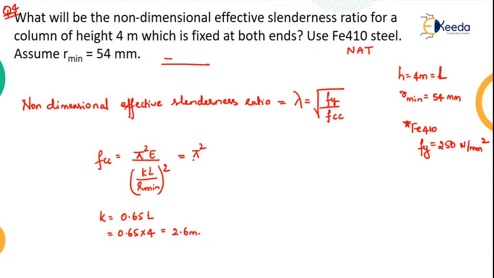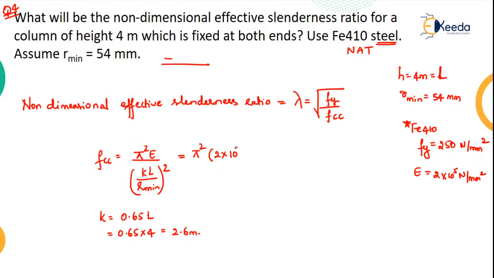First, let us calculate Fcc, pi square E. Because he is telling steel, the value of E will be understood. E is equal to 2 into 10 raised to 5 Newton per mm square.